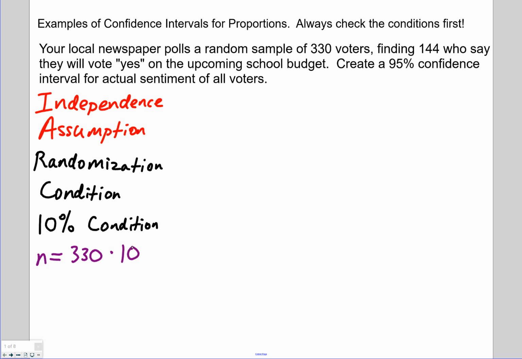When you think about Harris County, Houston, are there more than 3,300 people registered to vote? Yes. So the sentence you're writing is: our sample size of 330 is not too large because we think it's less than 10% of the entire population of registered voters.